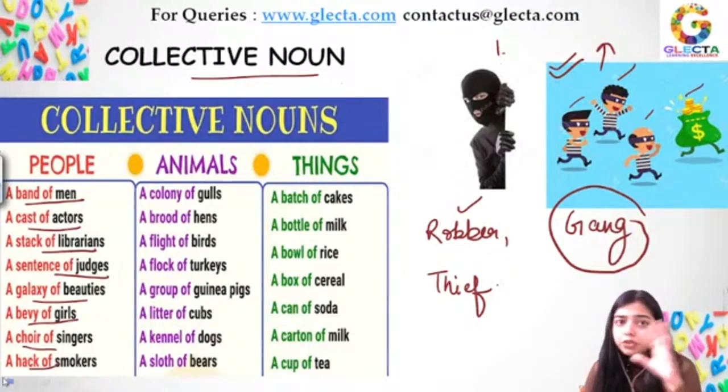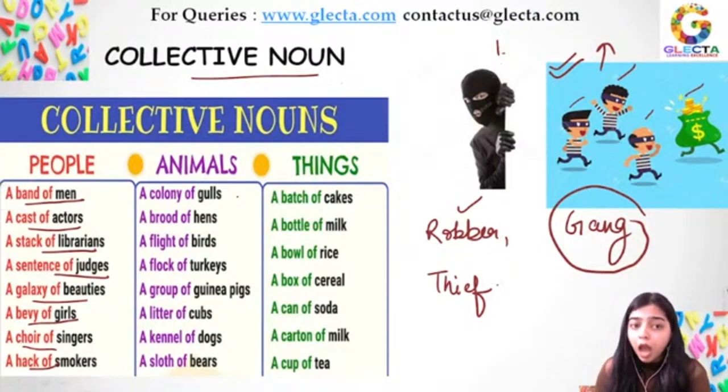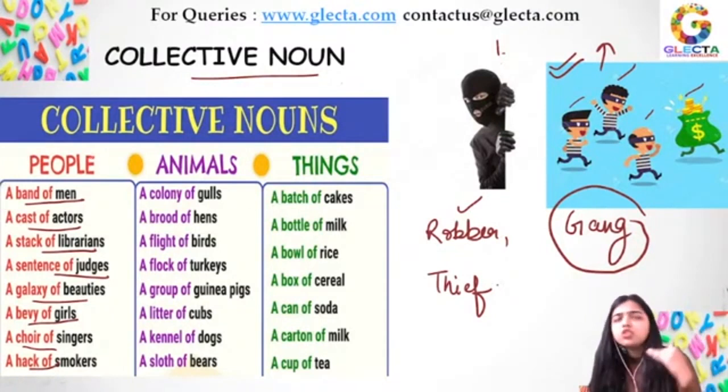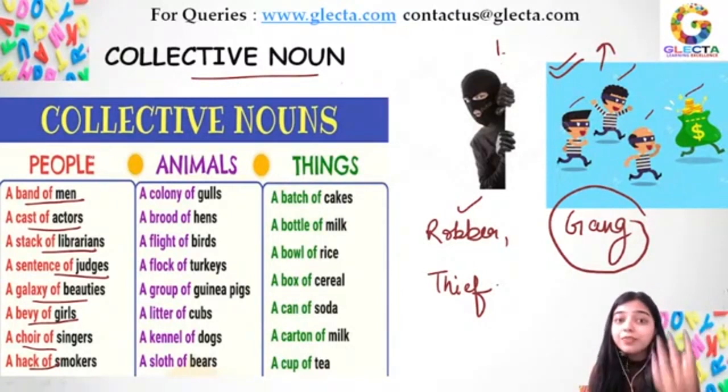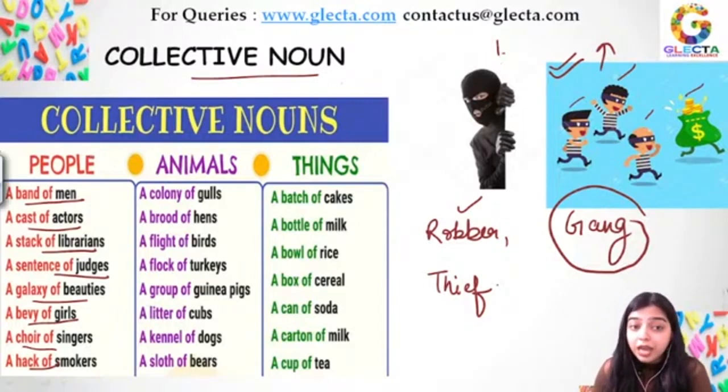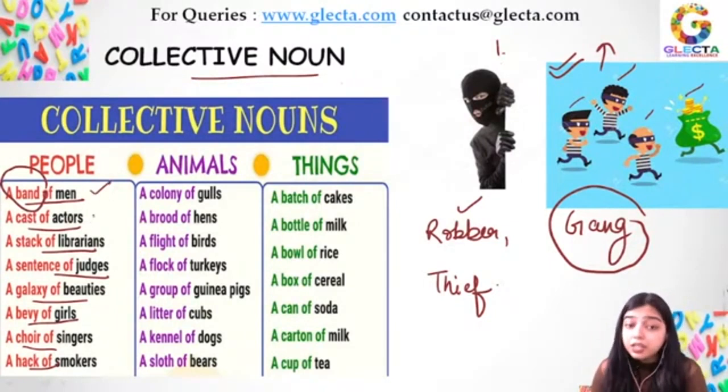So now, are you able to identify how, instead of mentioning each and everyone's name, instead of saying a group every time, we have introduced collective nouns that tell us the specific details of that group? For example, if I say a band of men, a cast of actors, a bevy of girls, we know that we are using collective nouns in a way that is representing our group.